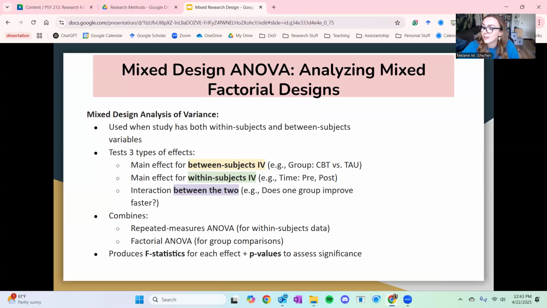This also produces an F statistic, which, as a reminder, is basically the difference relative to noise. So how sure are we that we are testing the effects that we think we're testing? And the p-value is telling us whether that F is statistically significant or not. So that is whether the differences we're seeing are due to manipulation versus random chance.